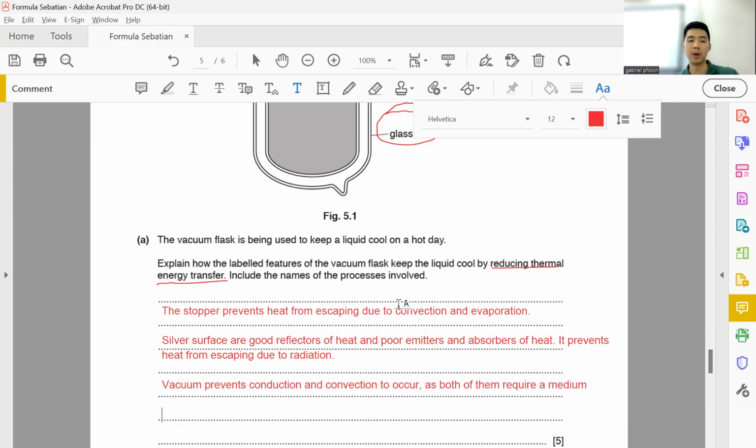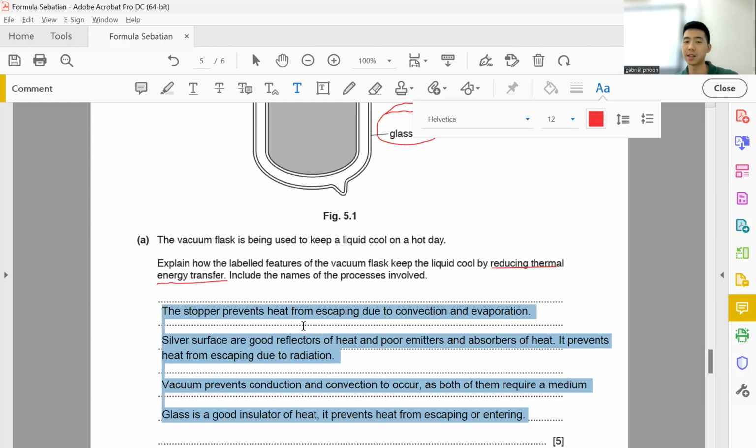It doesn't have to be word by word, literally anything you know. Glass is a good insulator of heat. It prevents heat from escaping. Something along these lines. Literally write down whatever you know, then you most likely get your marks.